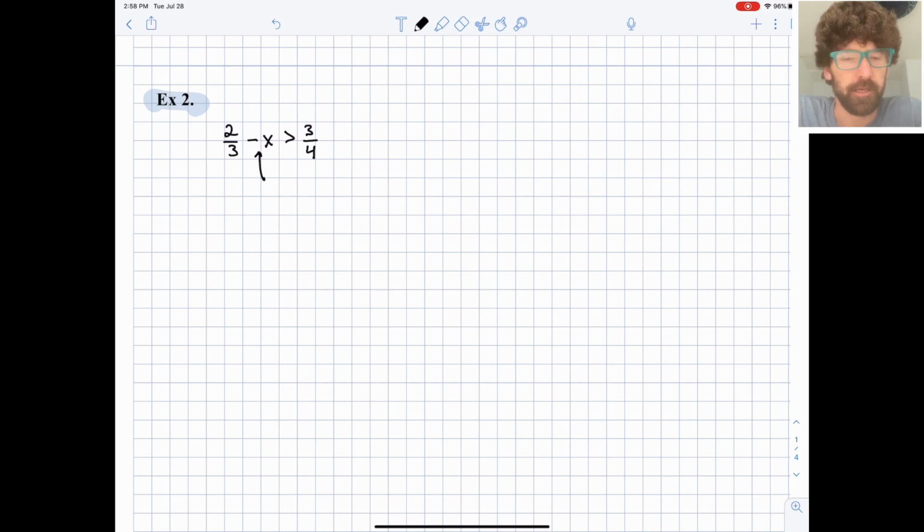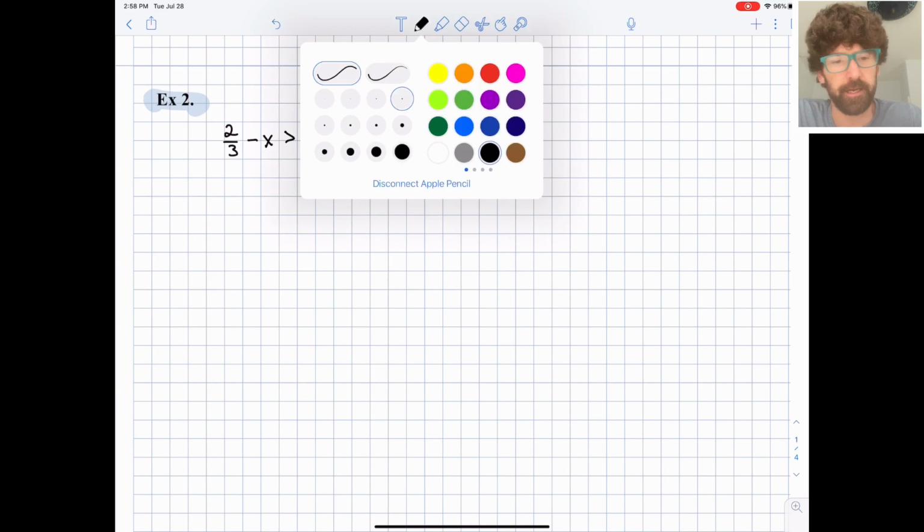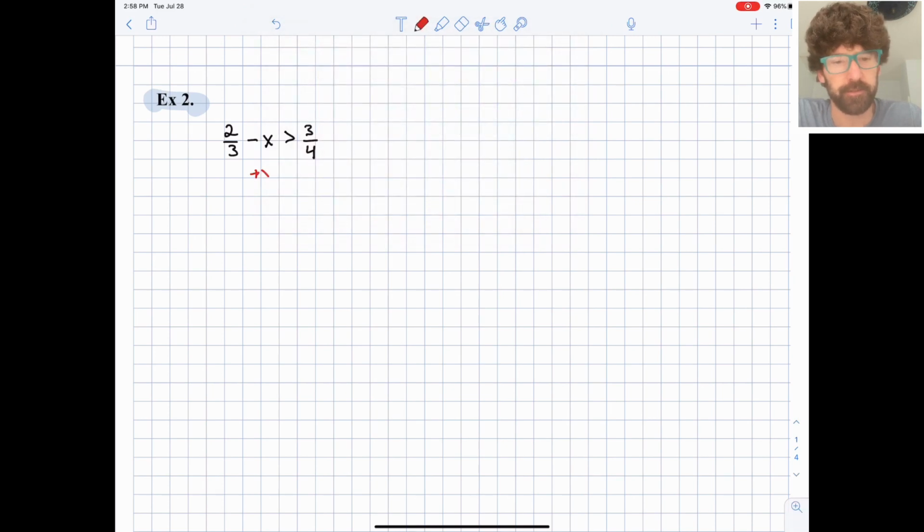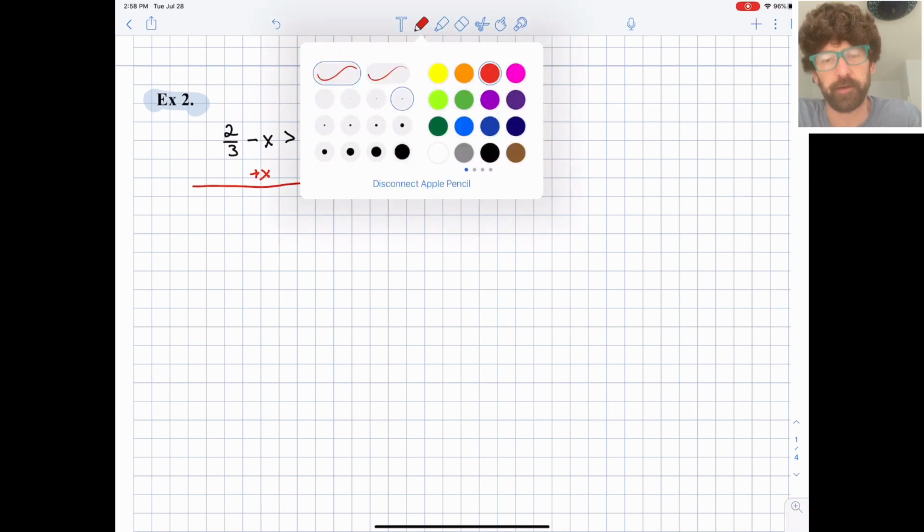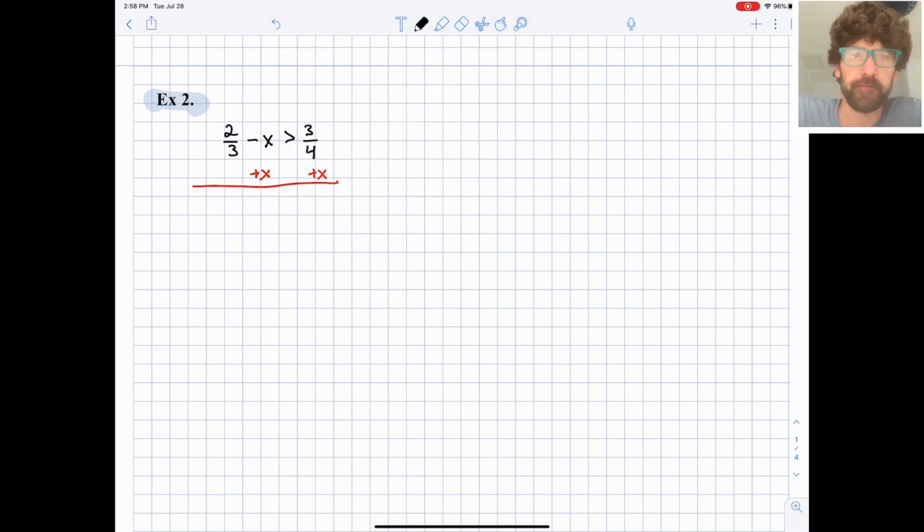There's a little bit of complexity involved with that we'll get to in a little bit. So what I'm actually going to do here is add x to both sides. Basically what I'm telling you right now is that negatives can be tricky when we're dealing with inequalities. So let's get rid of those negatives.